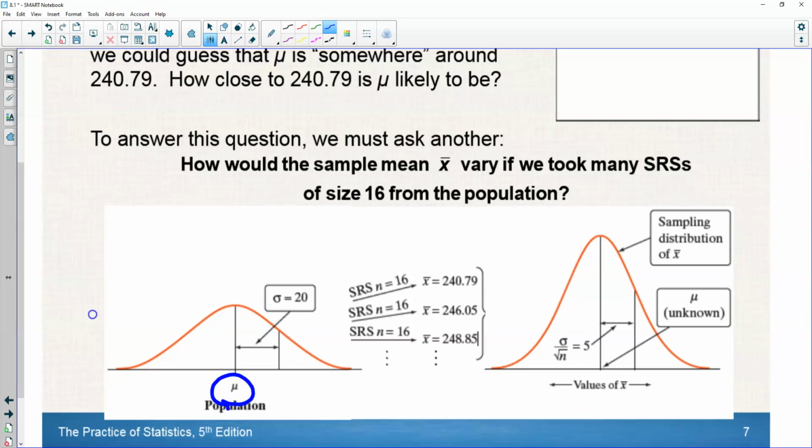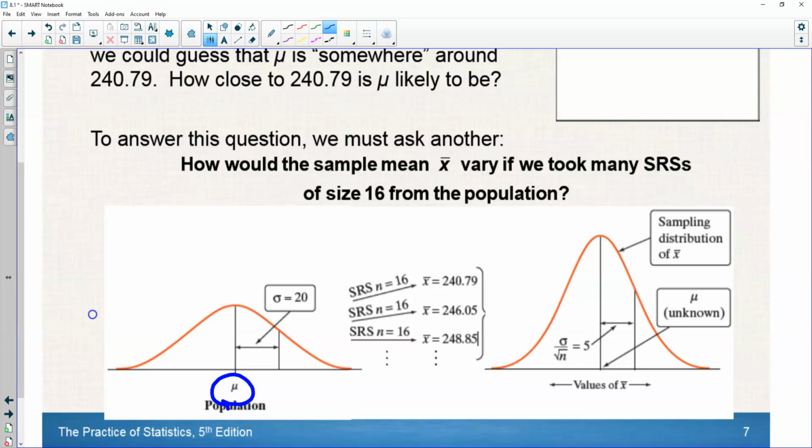If we know the population standard deviation is 20, we took a sample size of 16 and got 240.79. What if we did that a whole bunch of times and figured out how far away they are? So what we're going to do is now take a sampling distribution of x bar.